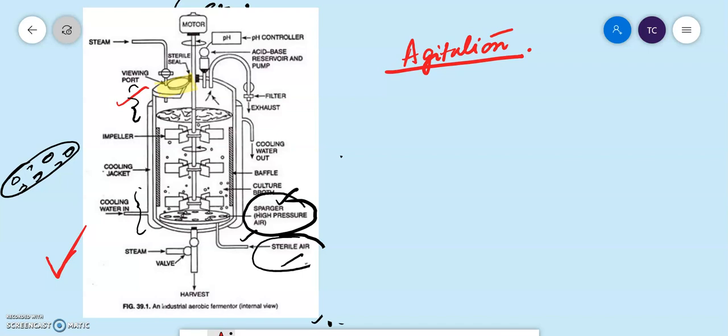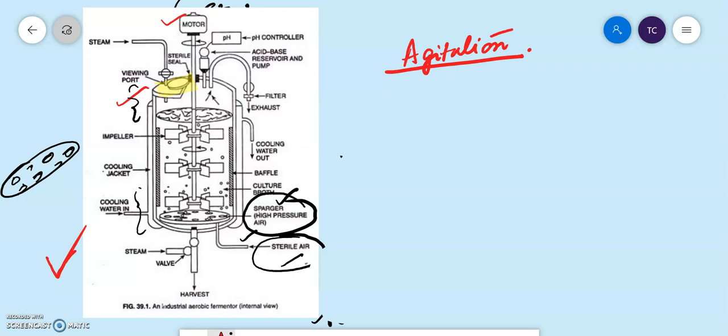So we require this type of a fermenter, and we require a provision in which there will be proper homogenization. This proper homogenization is brought about by the impeller and your agitators with impeller blades.